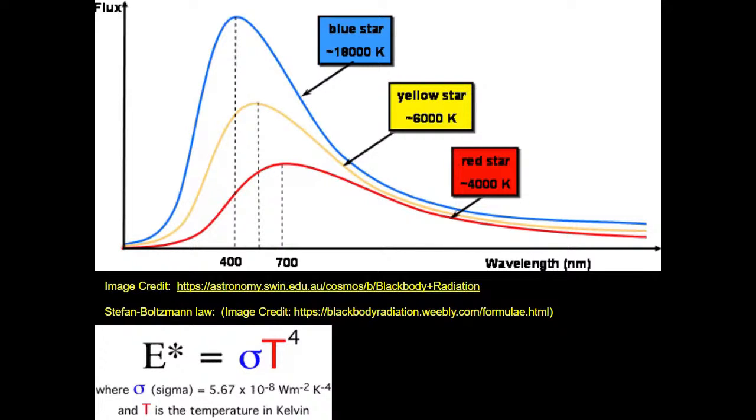And hence, we can apply the laws of physics even to objects that are very far away from us. And since it is the electromagnetic radiation which primarily brings information about stars, we therefore make use of many aspects of electromagnetic radiation to study the physical nature of stars.